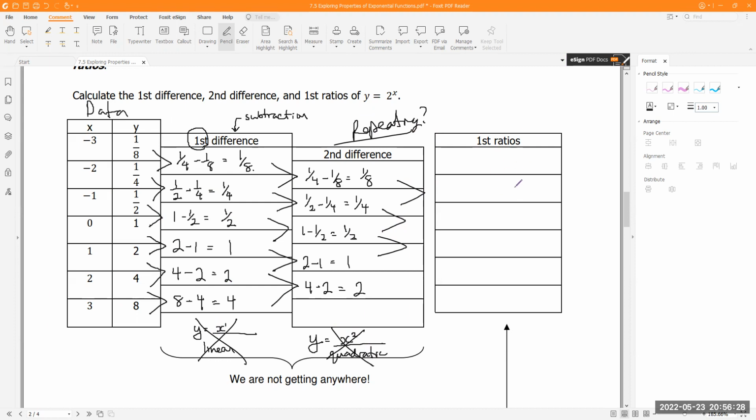Instead, I'm going to show you something interesting. Instead of subtracting, I want you to try dividing. Create a ratio by taking one of the y values and dividing it by a previous value.